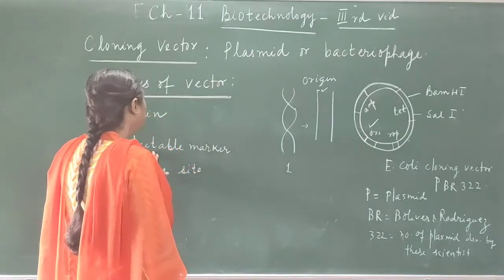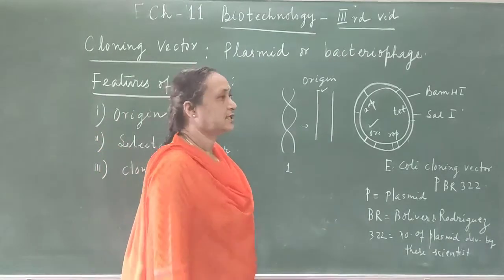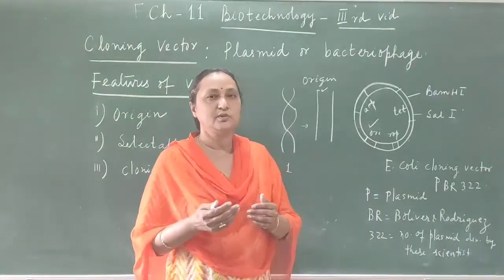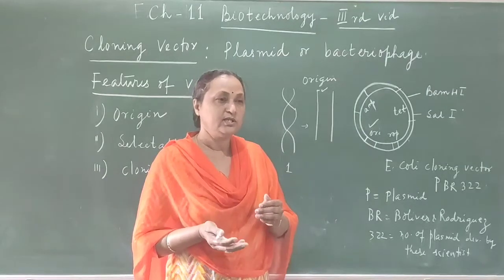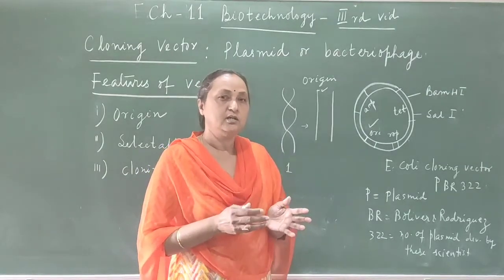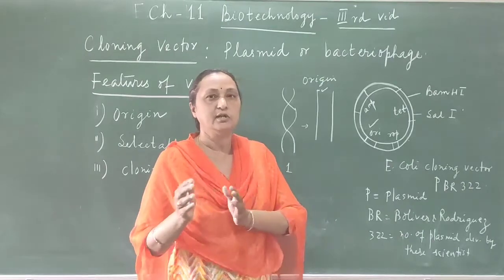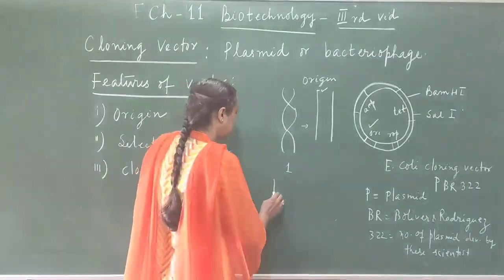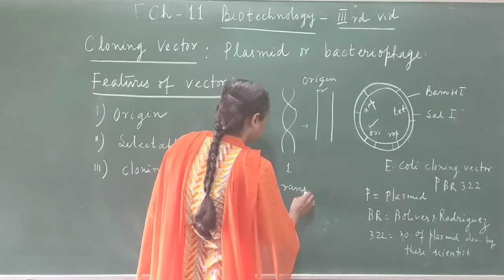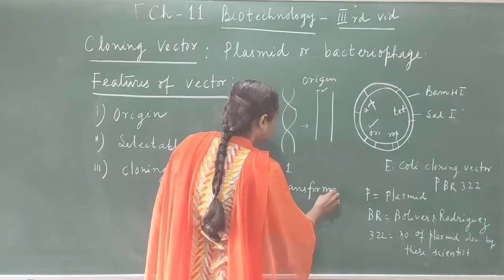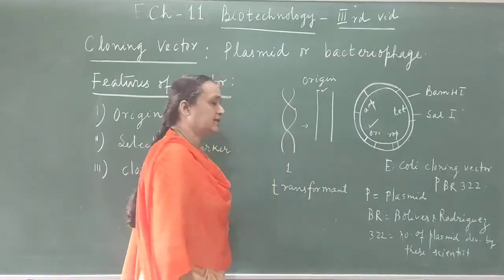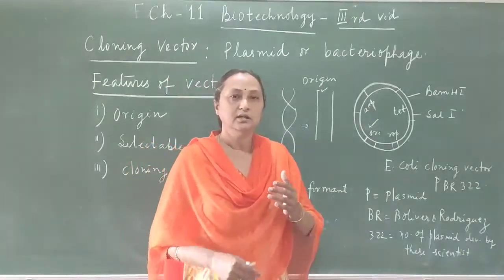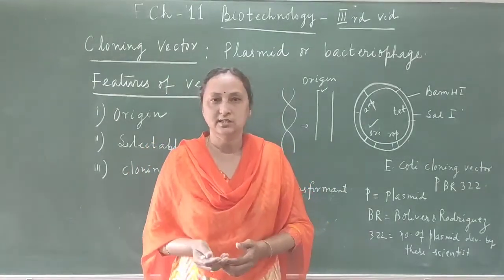Now the next question, what is a selectable marker? A selectable marker is the gene present in the plasmid which can differentiate transformant from non-transformant. Now the question is, what is a transformant? A transformant is the cell in which transformation has taken place.